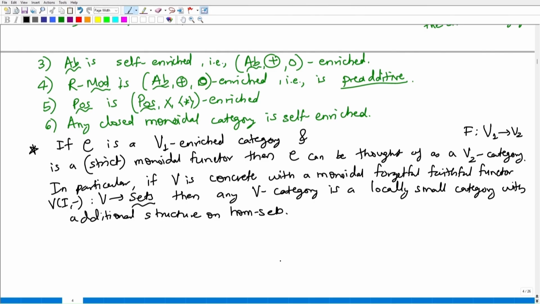Groups, yeah. This is true in any monoidal category. No, I'm saying if this condition happens, that V(I, -) is the monoidal forgetful functor down to the category of sets, then this happens. Yeah? Okay, let's stop here.